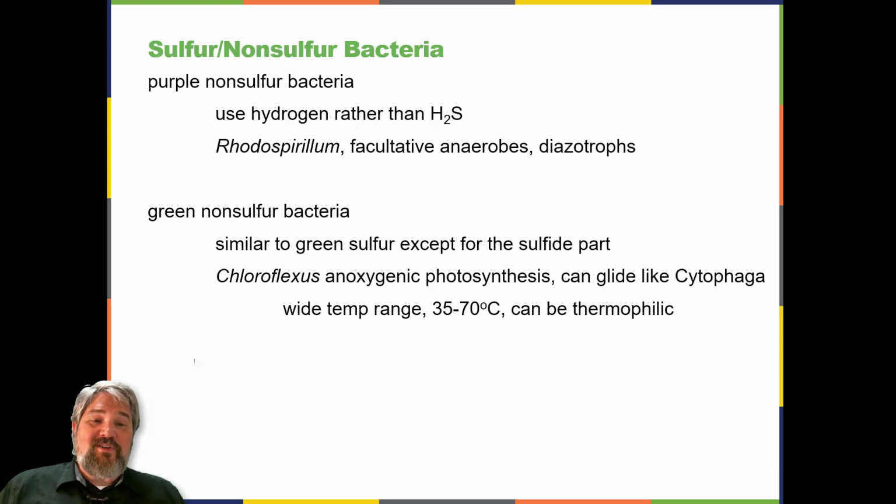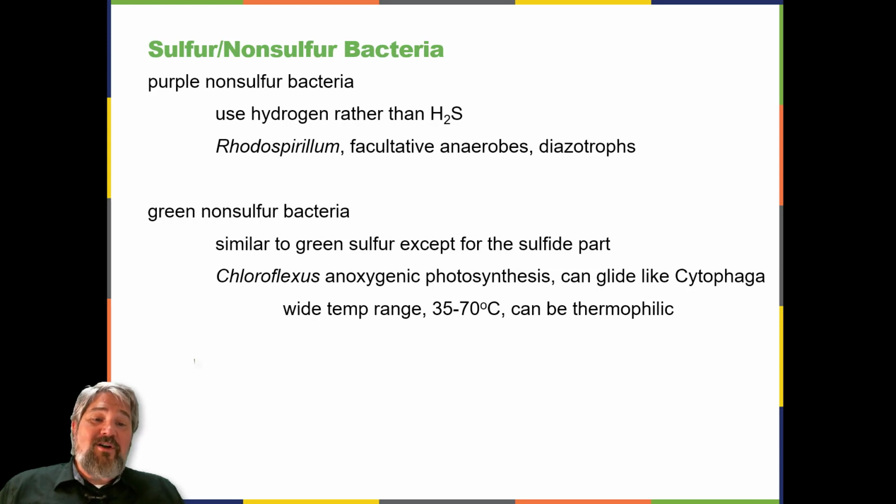Chloroflexus is an example of a green non-sulfur bacterium. It often has an orange color when it grows in the dark, but becomes green when it grows in sunlight. It stores bacterial chlorophyll in chlorosomes, similar to Chlorobium, and performs anoxygenic photosynthesis using organic sulfides in low concentrations, or molecular hydrogen as electron donors.